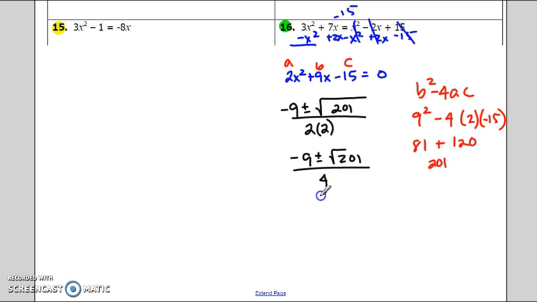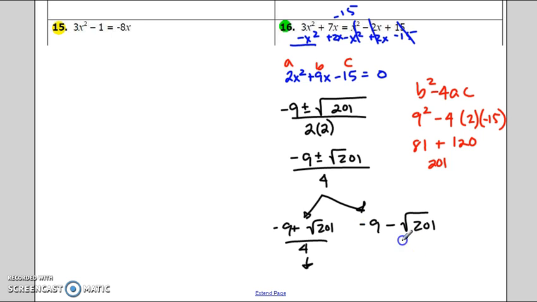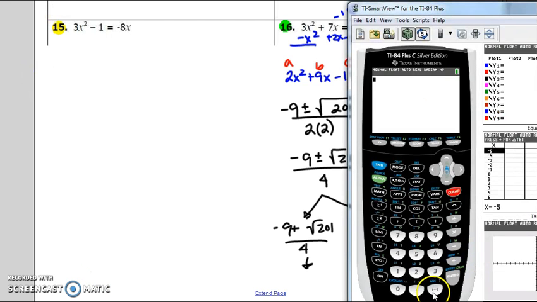So let's go ahead and type this into our calculator. Remember that we're typing negative 9 plus the square root of 201 and then dividing it by 4. And then we're typing negative 9 minus the square root of 201 and then dividing it by 4. And let's see what we get. So our first one, negative 9 plus the square root of 201, enter, divided by 4, enter.